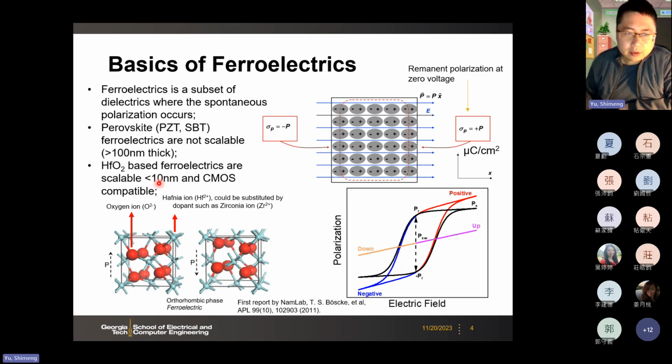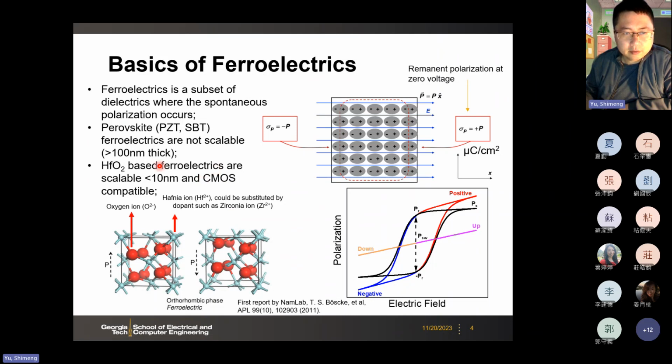You may wonder why previously, for the logic transistor, we also used hafnium oxide, but we don't call it a ferroelectric field effect transistor. There is a difference here. For the logic transistor we use today in your product, amorphous hafnium oxide is used.